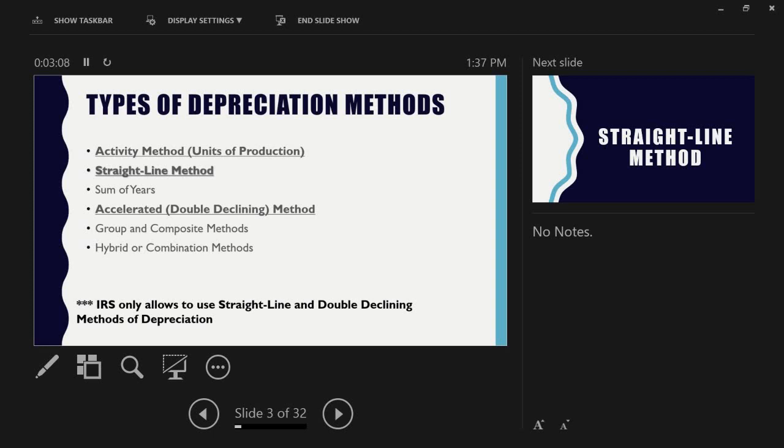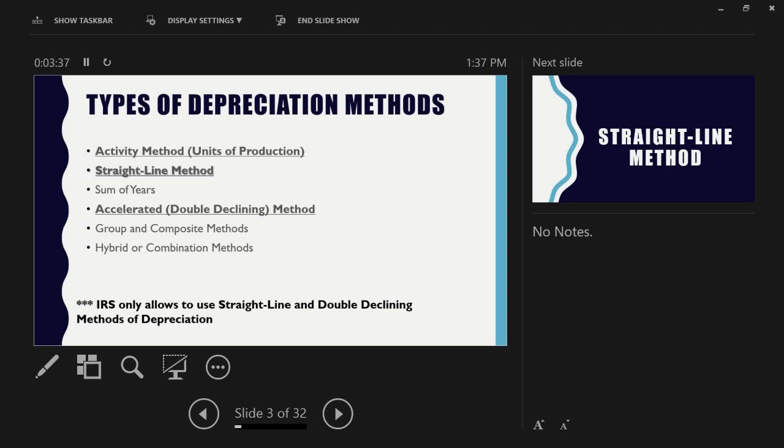The whole purpose of straight line depreciation is spreading the cost evenly throughout its life. I'm not quite sure if I went over this the last 2 times, but the IRS usually only allows or recognizes straight line and double declining. They don't really do units of production.